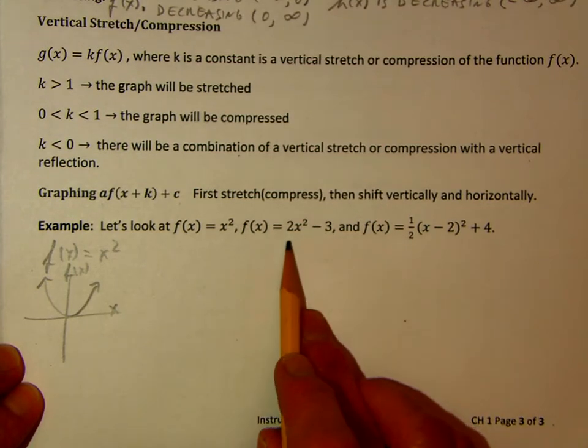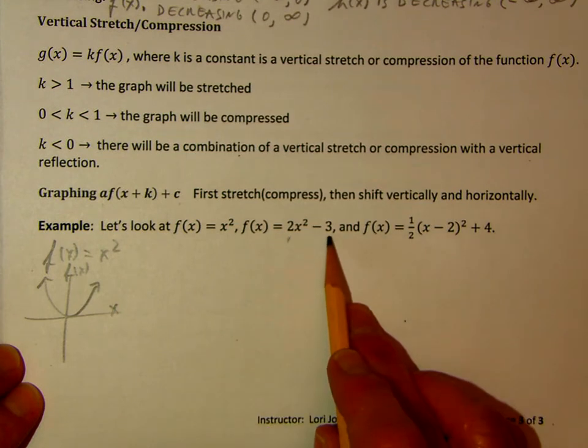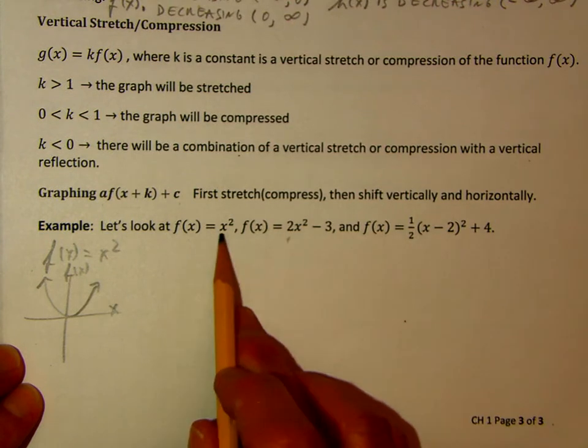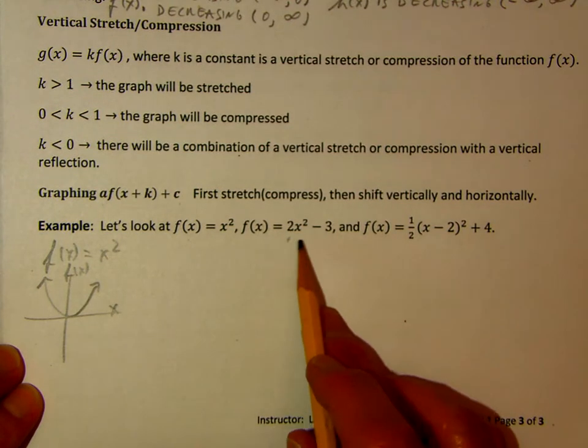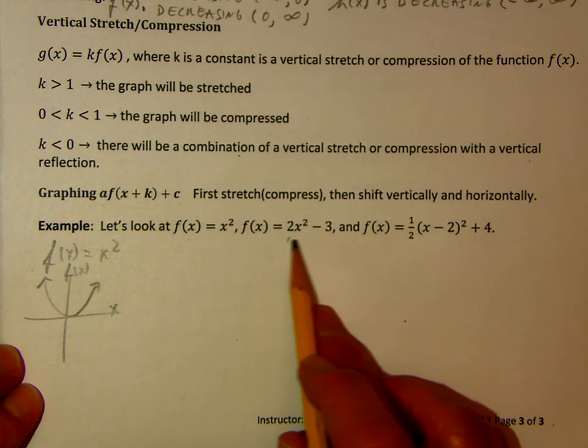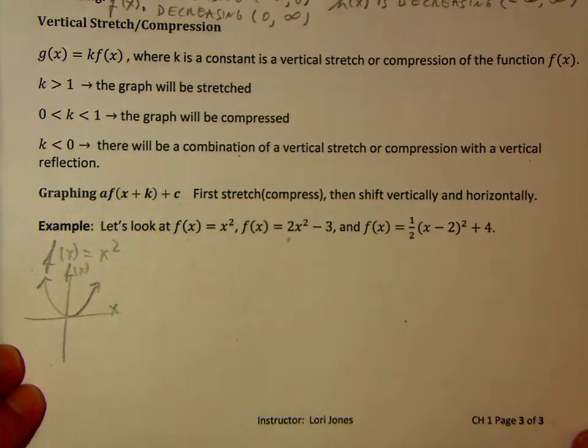I can see that I have a vertical stretch occurring because my constant, the coefficient on the squared term, is greater than 1. I can also see that I have a vertical shift down. So let's compare x squared to 2x squared to get an idea of what's going on with this stretch.